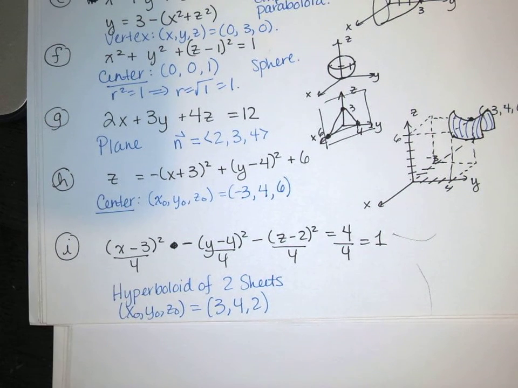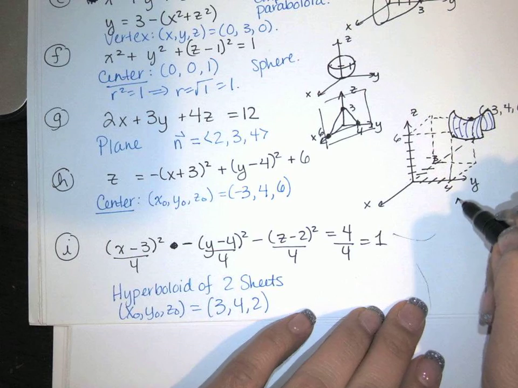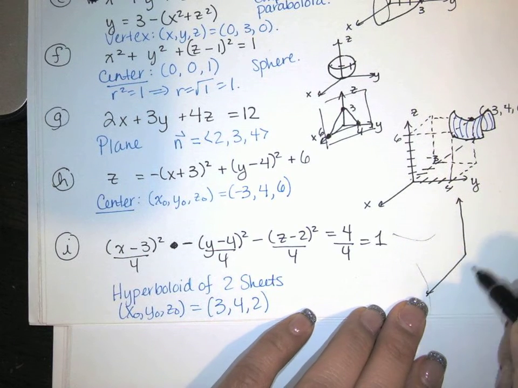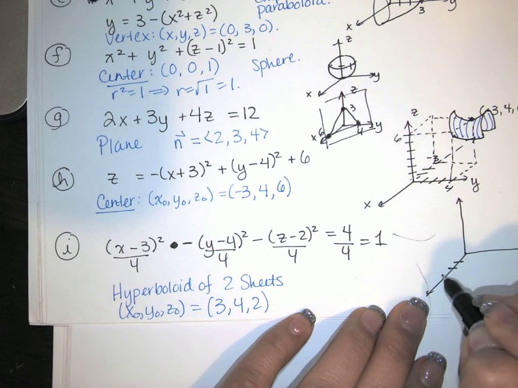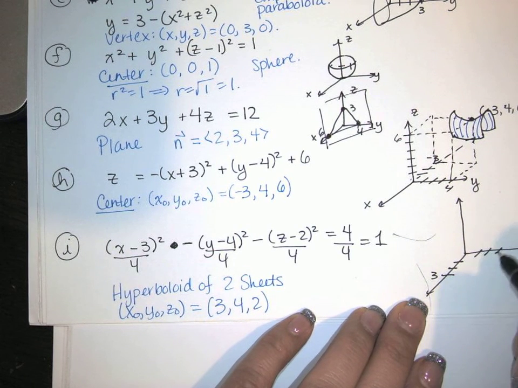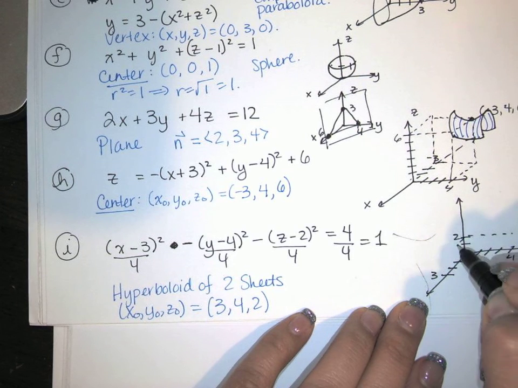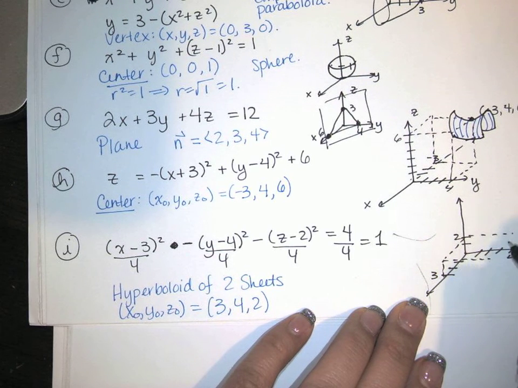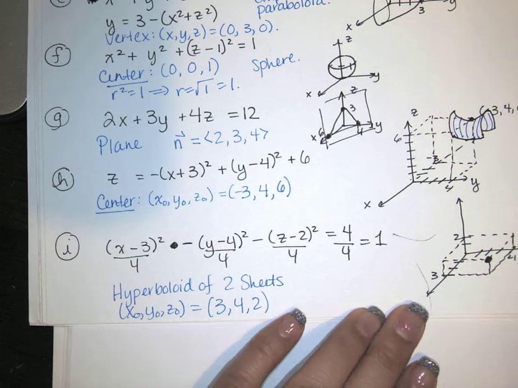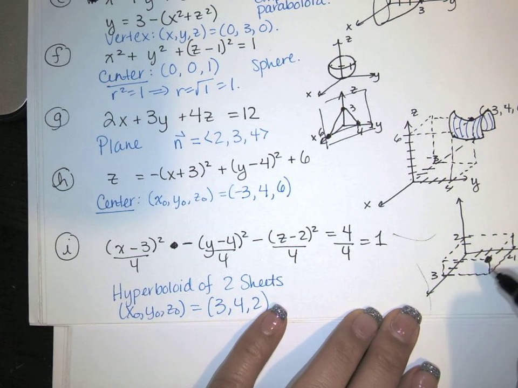It's a little bit hard to draw, but we'll do the best we can. So we're going to go to x equals 3, y equals 4, z equals 2, draw a rectangular box, right there, and it opens parallel to the x-axis.